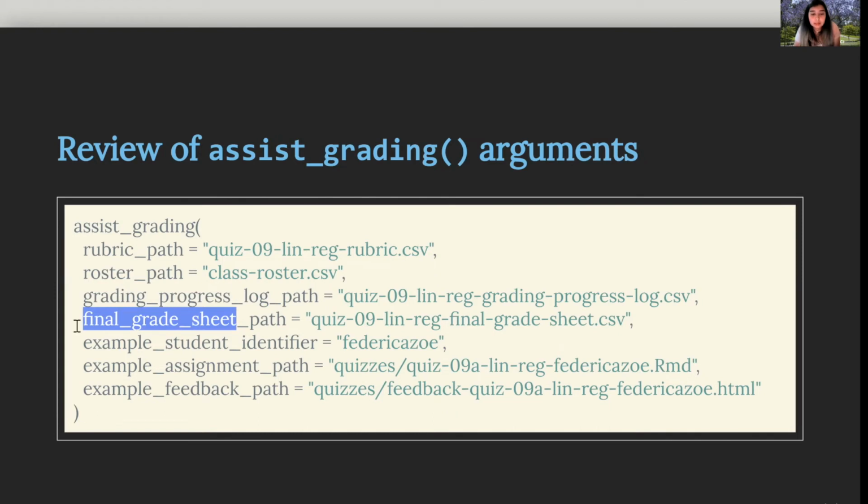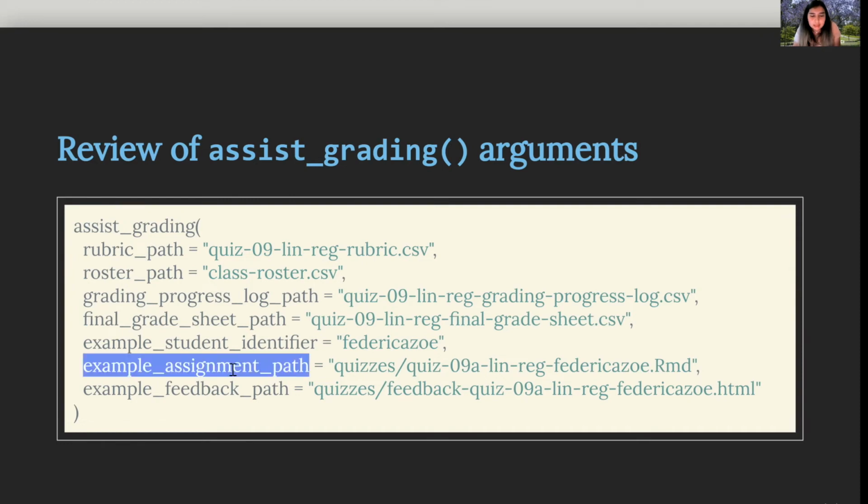The only place where grades are actually located will be in the final grade sheet. Then we have to provide a single student identifier, a single assignment path, the file path for the assignments for Federico Zoe, and then the single feedback path. Note again that assignment file paths, like we saw, can be vectors if there are multiple assignment files per student.